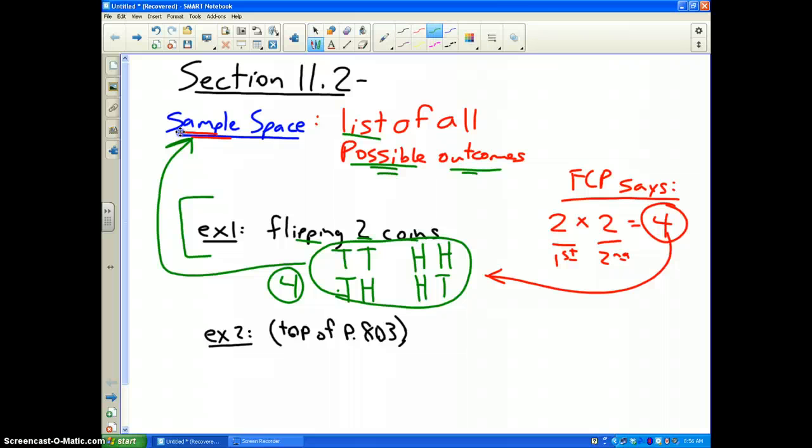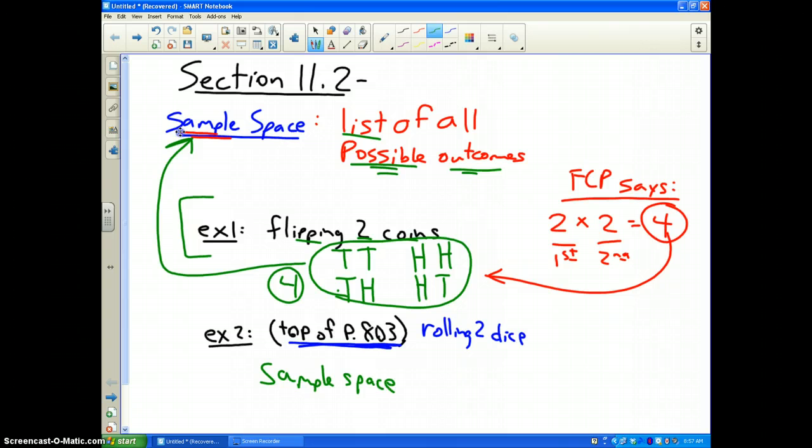Second example is going to be rolling two dice. I want you to turn to the top of page 803. Yes, please do so. Open the top of page 803 and look at it. On the top of page 803 is the sample space for rolling two dice.